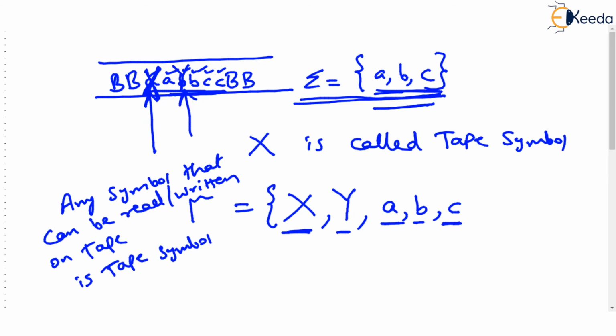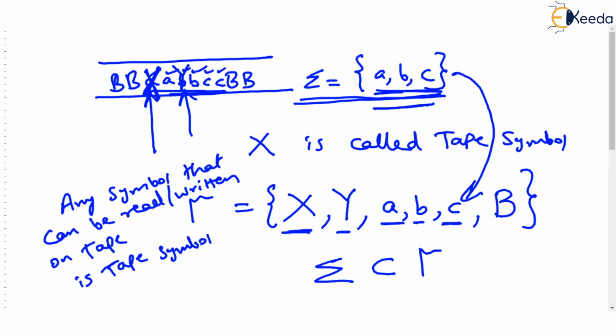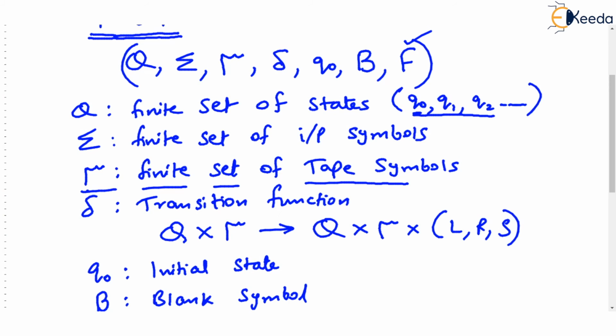And one more symbol, blank B, is also there on the tape. Clearly the input alphabet is a subset of the tape alphabet. Whatever is there in the input alphabet will be there on the tape. Definitely it is there on the tape. A, B, B, C, C, this input is there on the tape, plus there are some additional symbols that we may read or write on the tape. That is this symbol, the finite set of tape symbols.